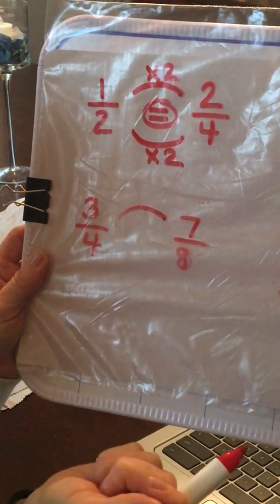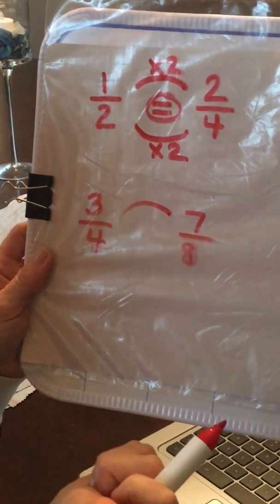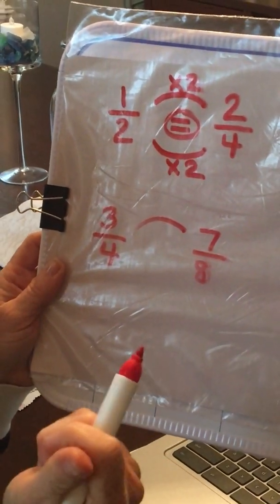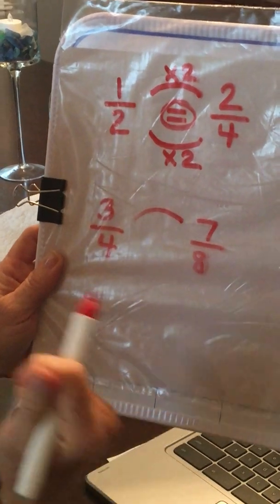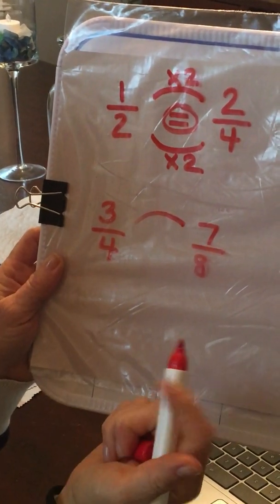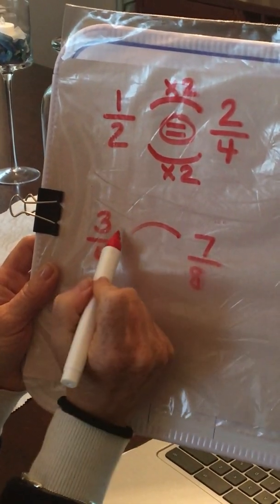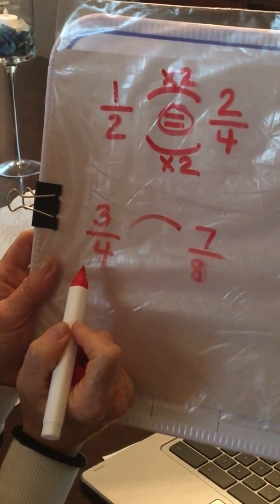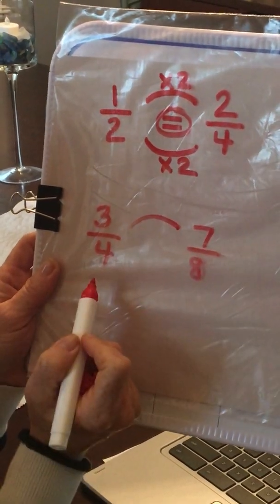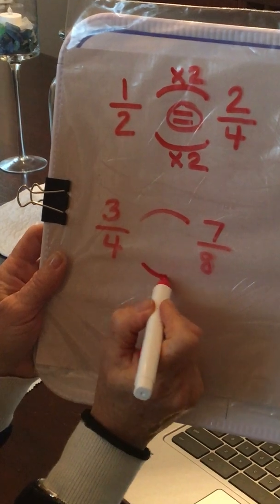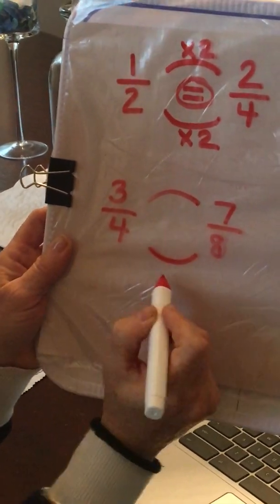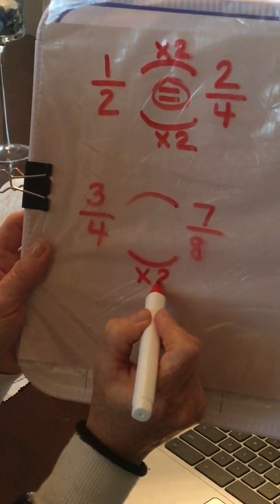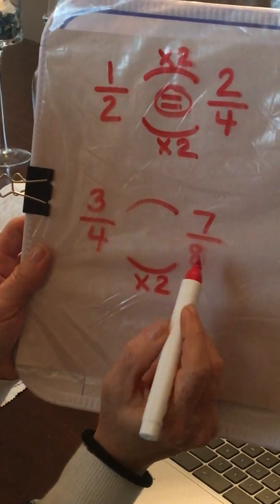And I hope you're seeing a problem here, because 3 times 1 is 3, and 3 times 2 is 6, and 3 times 3 is 9, but there is nothing that will give me a product of 7. So I can't use multiplication here. I can use multiplication on the bottom. 4 times 2 is 8.